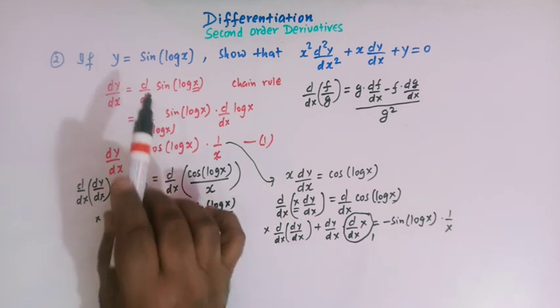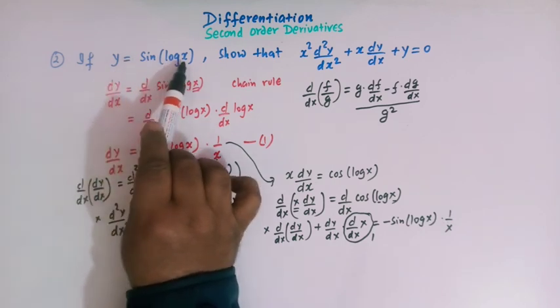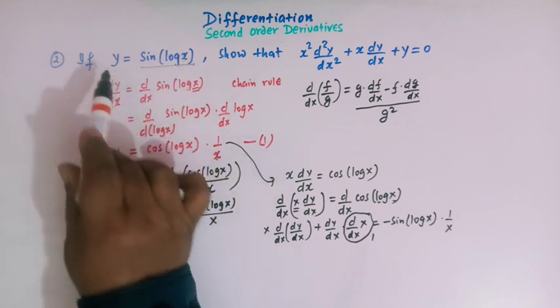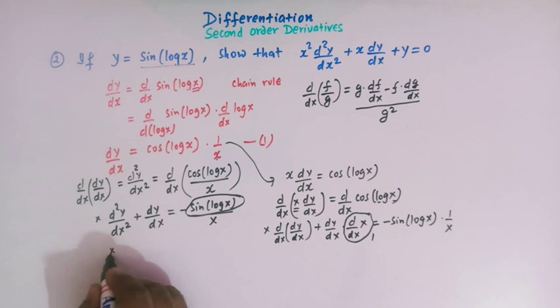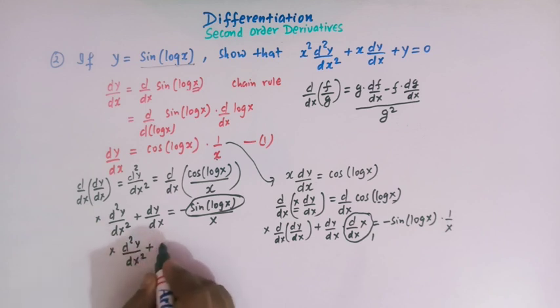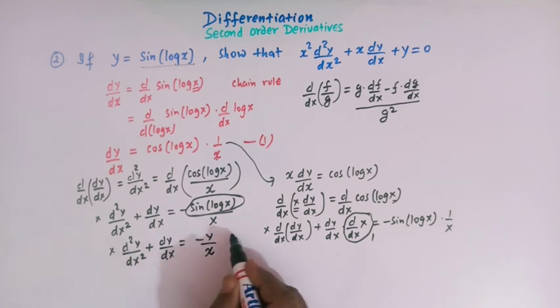Okay, now see, in the given function we are given y is equal to sine of log x, so sine of log x can be replaced here by y, right? So what we will get, x d2y over dx2 plus dy over dx, and here we have minus y over x, right? Okay, now we'll take the entire expression, will multiply by x.